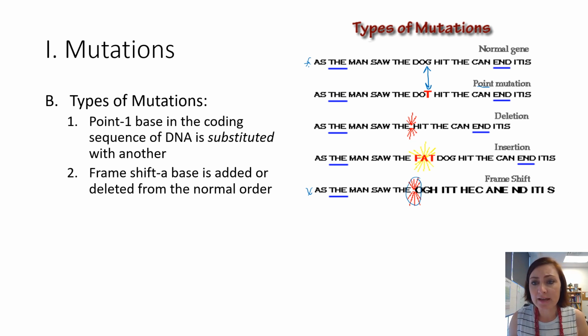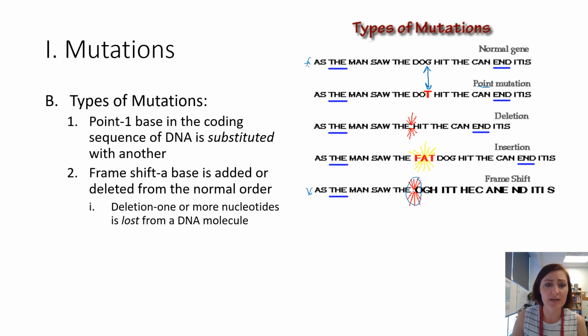And so the letter D was omitted, it was deleted. So as the man saw the og, it, heck, ain, notice that we're reading in threes, those are codons. So this shifts the reading frame over, and now none of them make any sense. These are the most dangerous types of mutations that you can have.